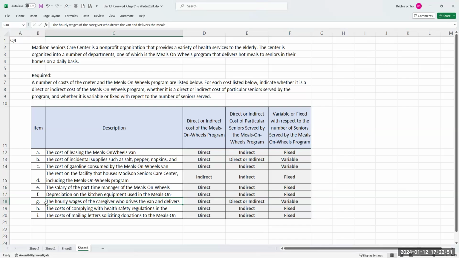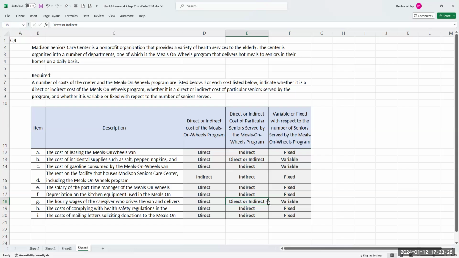Okay, G, the hourly wages. Ooh, that's important. Hourly wages of the caregiver who drives the van to deliver the meals. So that is direct to the program. Now, again, depending on how they keep track of things, this could be a direct cost if they keep track of how many minutes he takes to serve one particular senior, how far he drives, or if they decide it's not worth keeping track of those kinds of things, it could be considered an indirect cost.